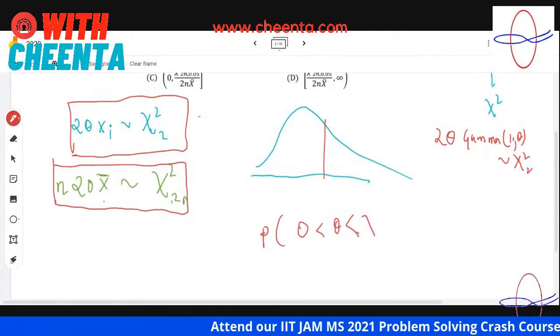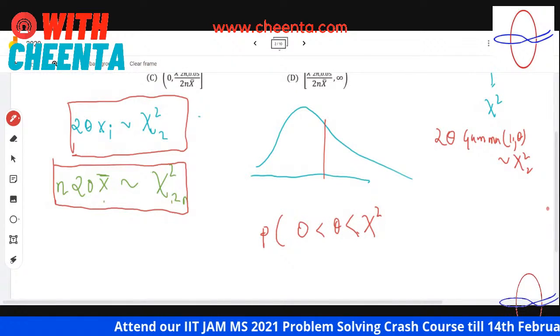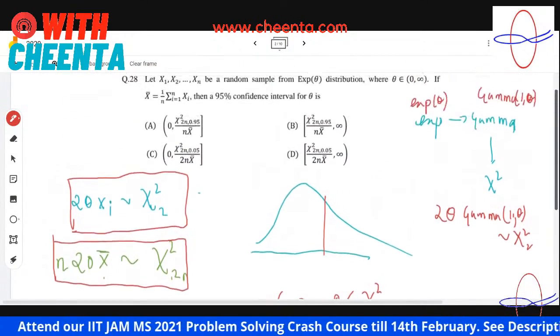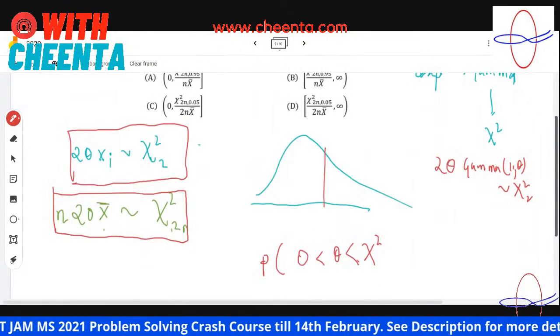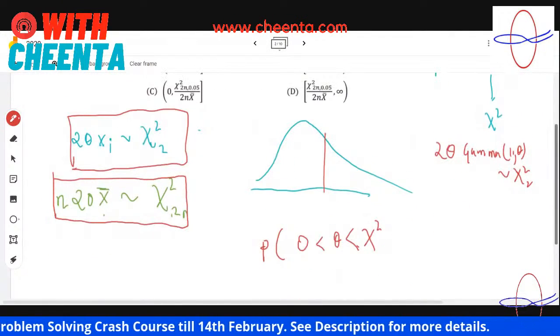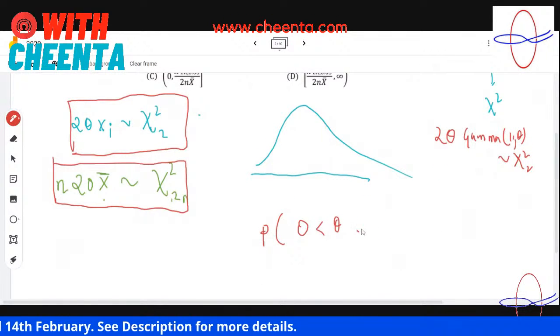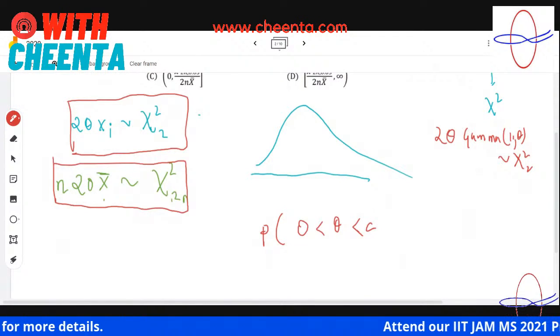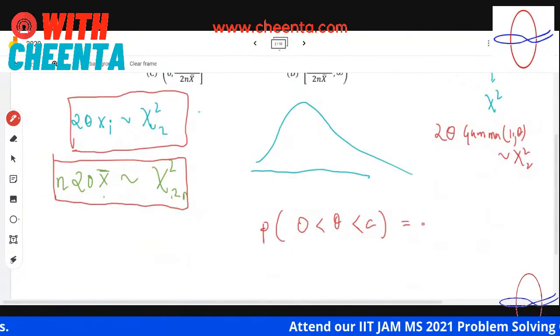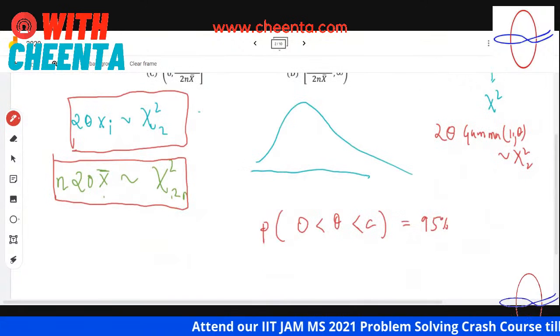What is that chi-square value? Essentially you want some C over here, for a 95% confidence interval.